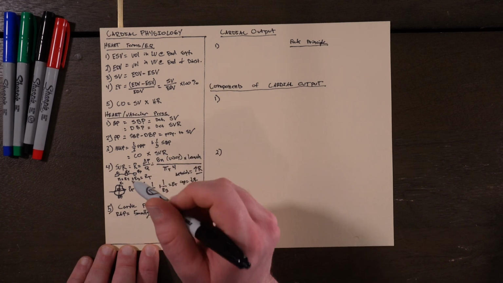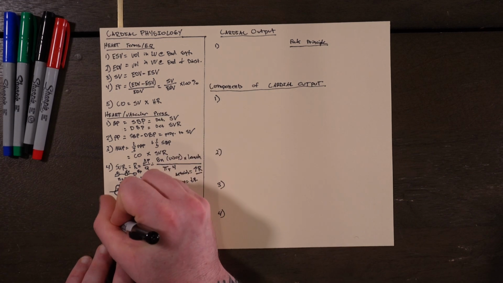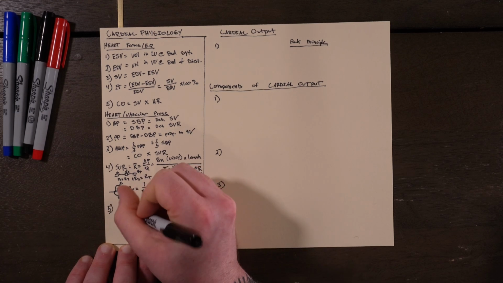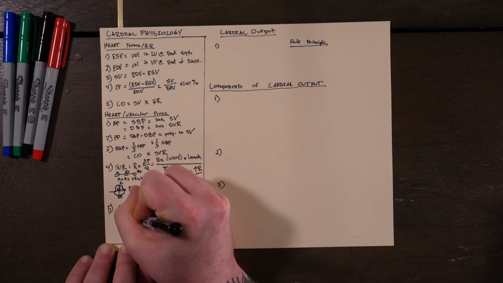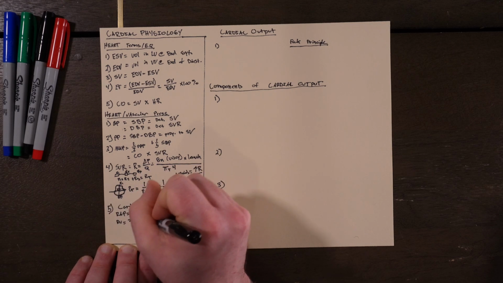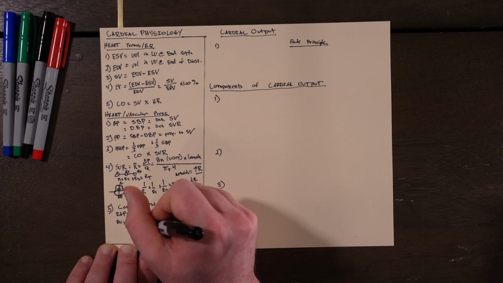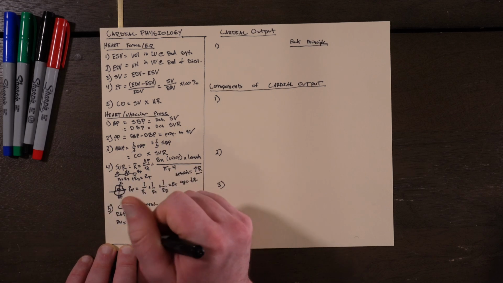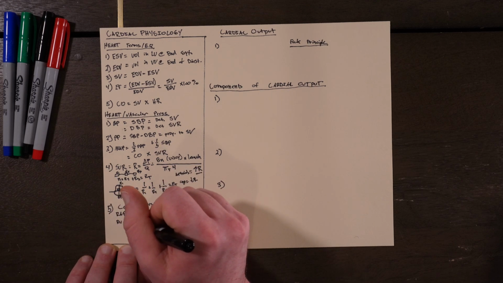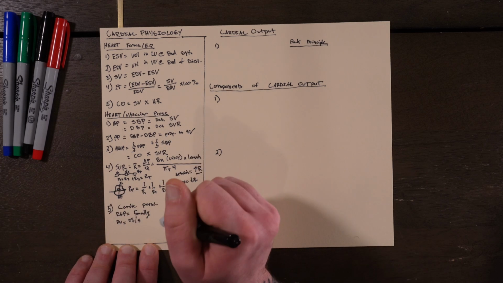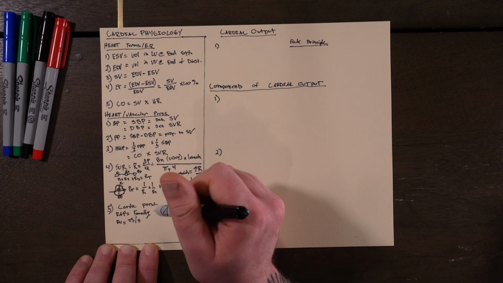So the right atrium is the lowest pressure. The right ventricle is about 25 over about 5 millimeters of mercury, so a little bit higher. Our pulmonary vasculature has a similar pressure to the right ventricle.